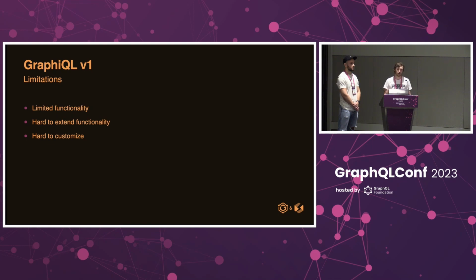It was also hard to extend the functionality. You could add a button in one or two places, but that was basically it. You were not able to really add your custom stuff into GraphiQL. And it was hard to customize. If you wanted an IDE that looked or felt different, then you had a lot of fun times overriding dozens of CSS classes and adding some new colors. So that was very tedious.